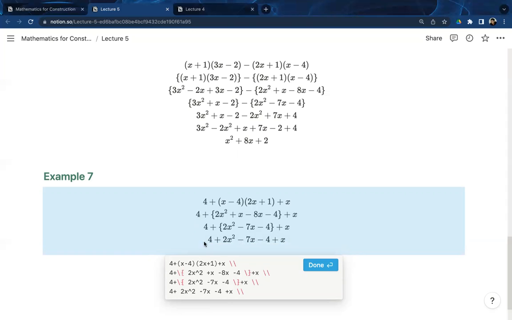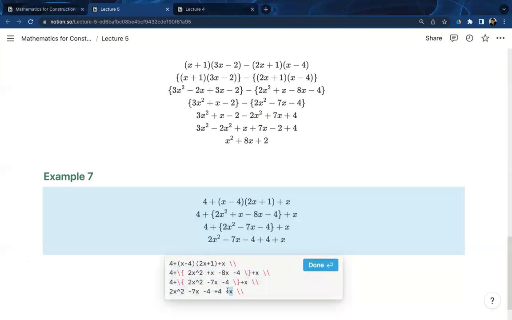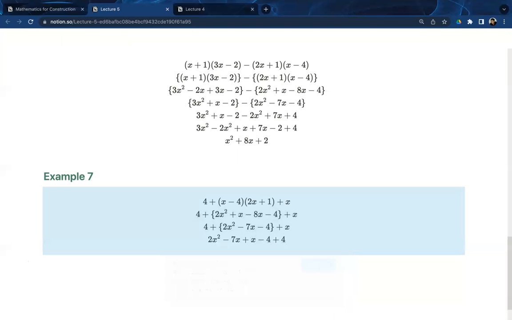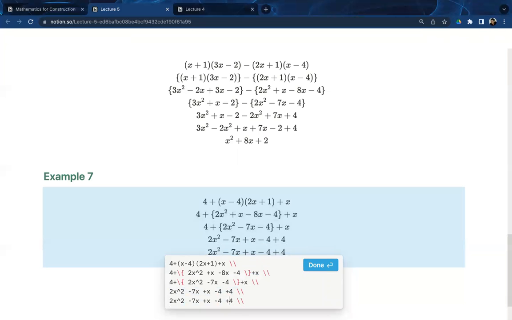Now I have a 4 here and I have a -4, but let me write it. Okay, like this. Oh, and the x is here. So -7 plus 1 is -6.